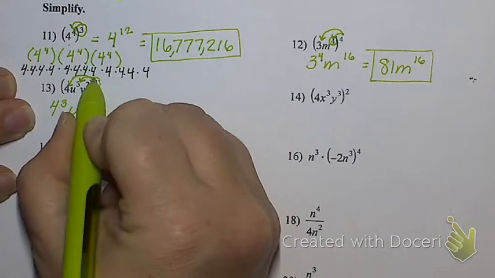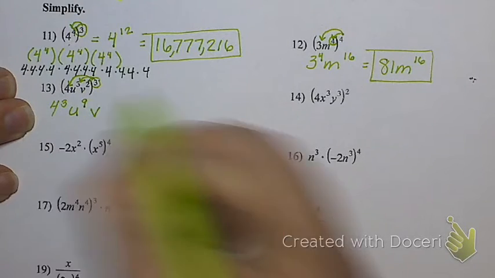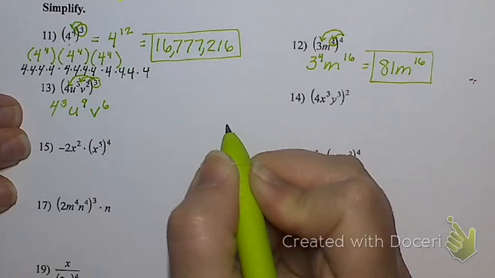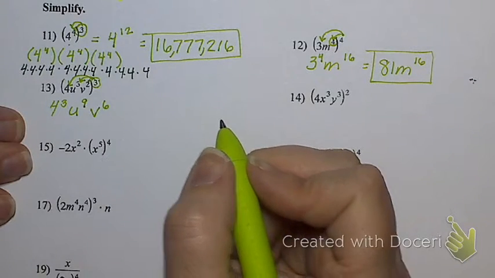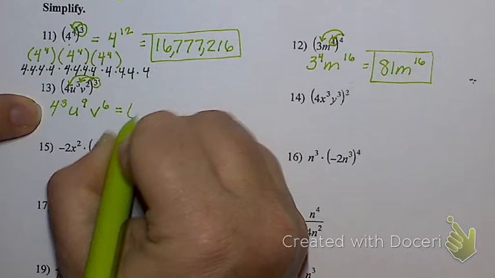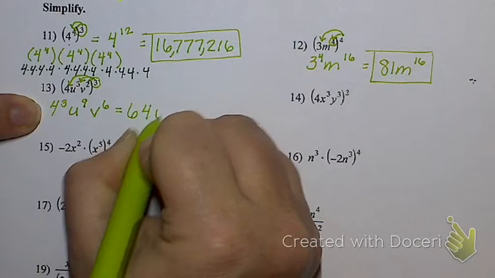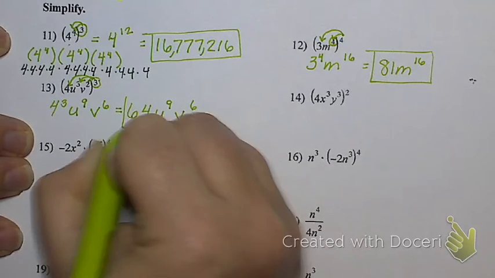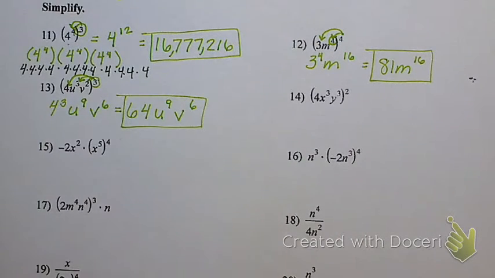And then it also has to go to the v, so v now has an exponent of 6, because I multiply those. Should I leave my answer like this? No. What is 4 to the 3rd? So I have 64, u to the 9th, v to the 6th. So? All right, you try number 14.